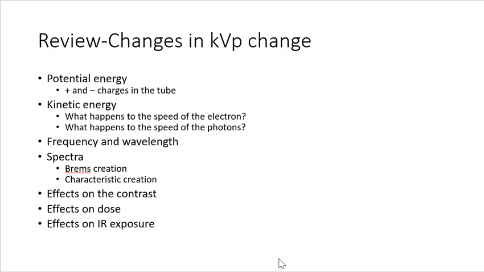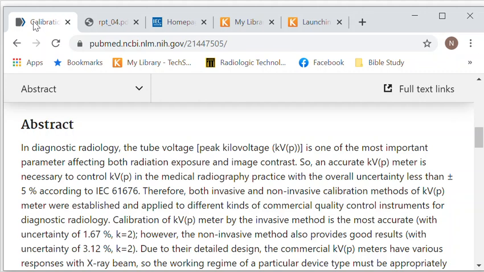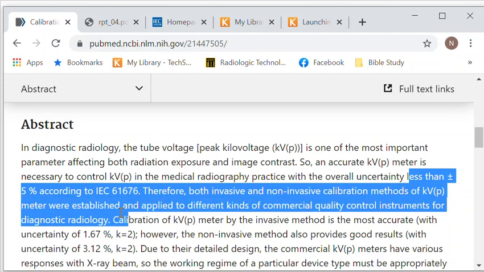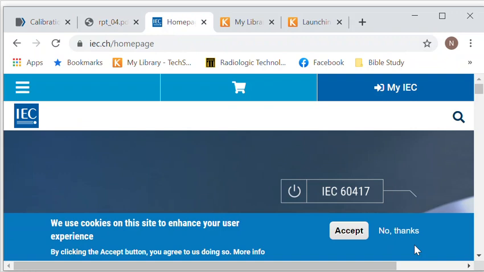what you need to look at are things like what the industry standard is. Here, this is a publication that references kVp and the accuracy of kVp. It needs to be less than plus or minus 5%. That's according to IEC 61676, which is at the IEC website here.